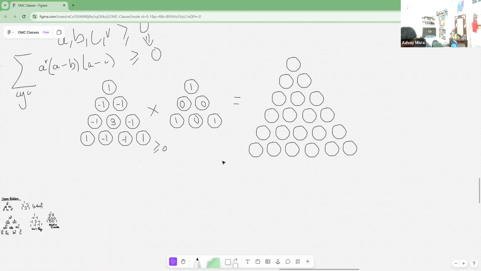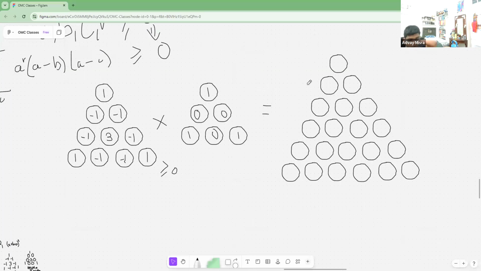The way that you do the multiplication is that you match up this one with this one and with this, and then you take this and multiply it by 1 and copy it over there. So this will have 1, 1, 1, 0, 0, 0.